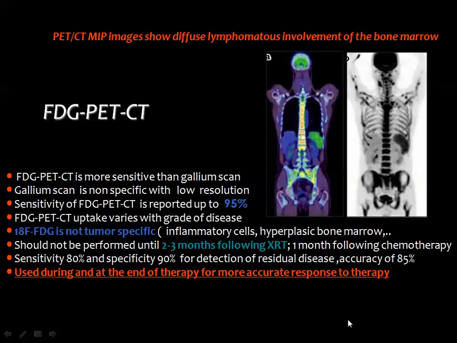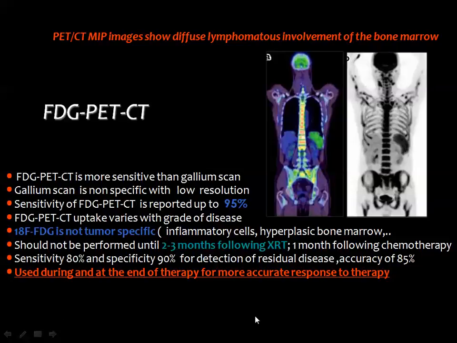And the issue of PET-CT in the evaluation of bone malignancies is somewhat debated. The literature considered PET-CT more sensitive, of course, than gallium scan. And PET-CT is sensitive but non-specific.